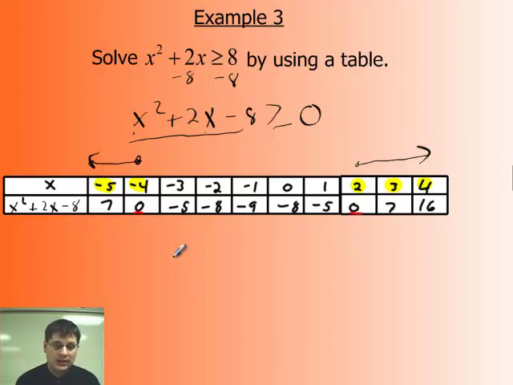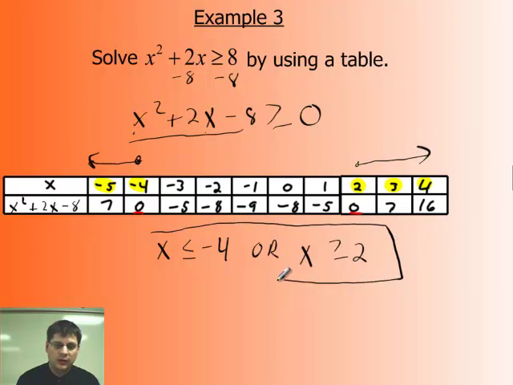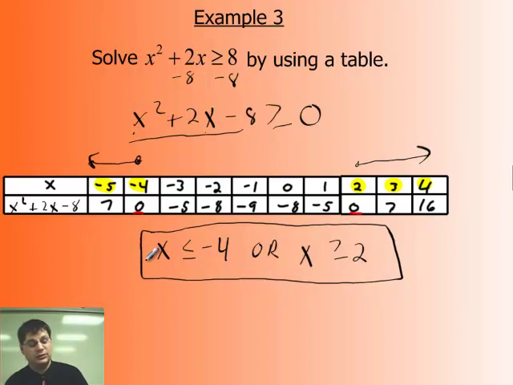So the way I'd write this is x is less than or equal to -4, or x is greater than or equal to 2. So it includes an infinite number of solutions, but select solutions in this case, anything not between -4 and 2. So anything with these negative numbers between is not included.